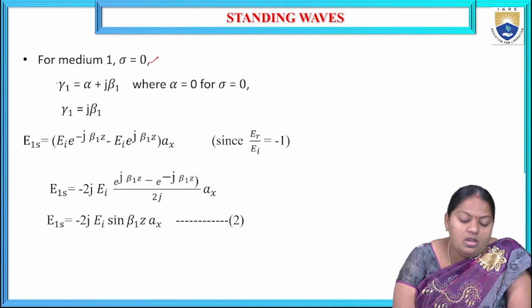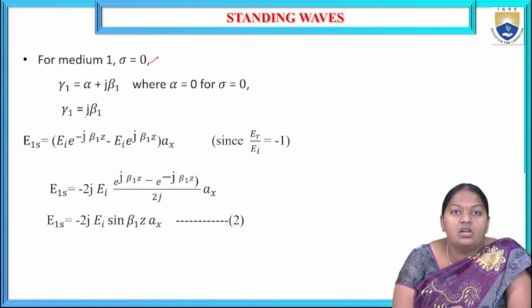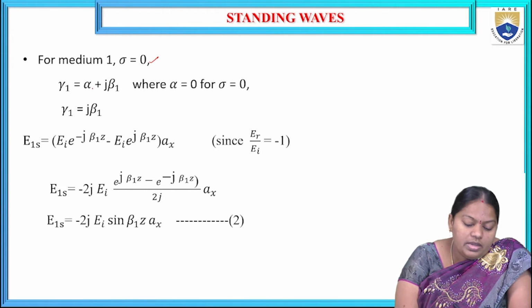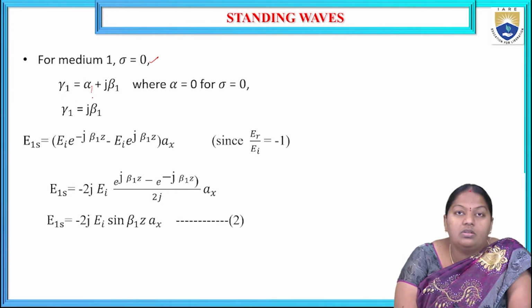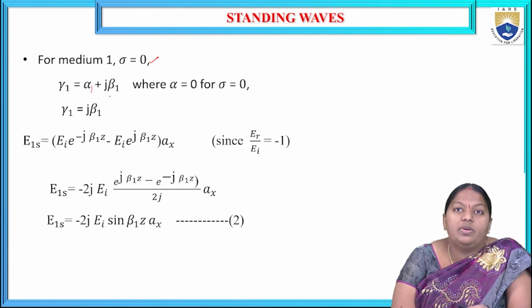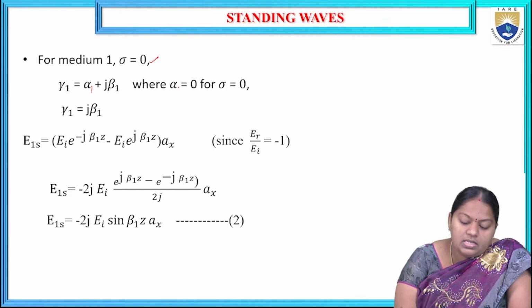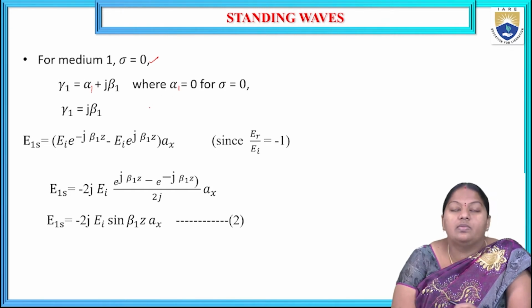Just now we have seen the propagation constant γ constitutes the attenuation constant α and the phase constant β. So for medium 1, γ1 equals α1 plus jβ1, where α1 is equal to 0. Why? Because this is an insulating, dielectric medium, hence σ equals 0, then α equals 0, right?